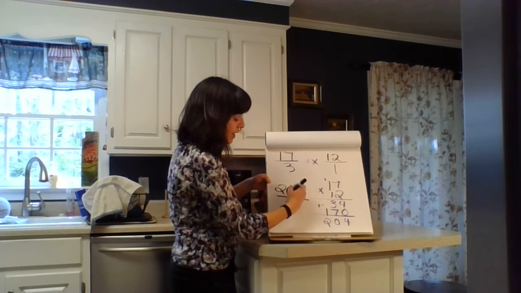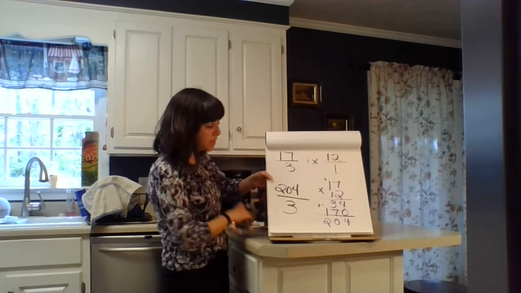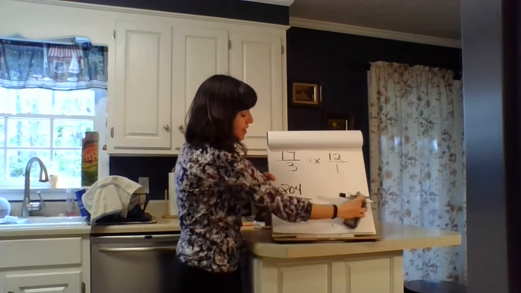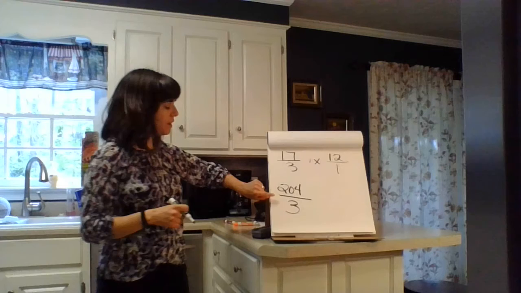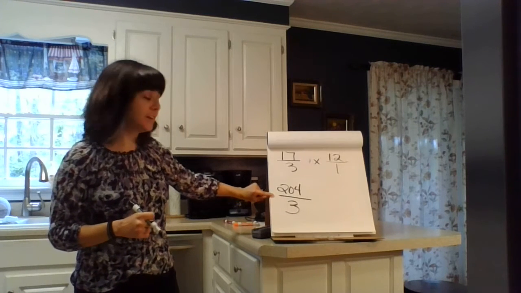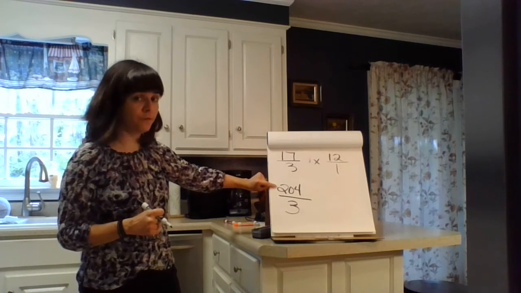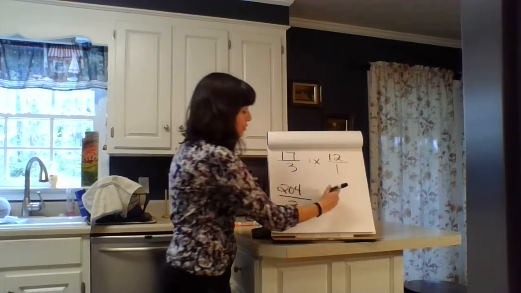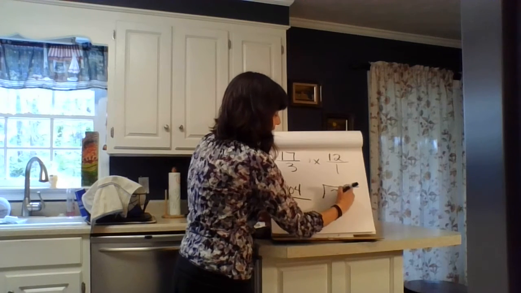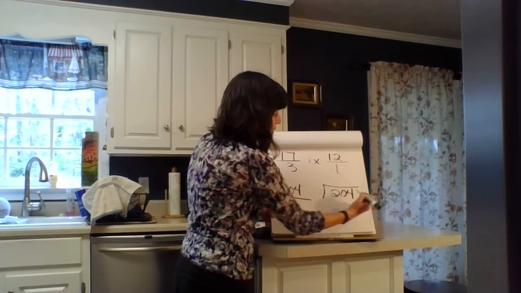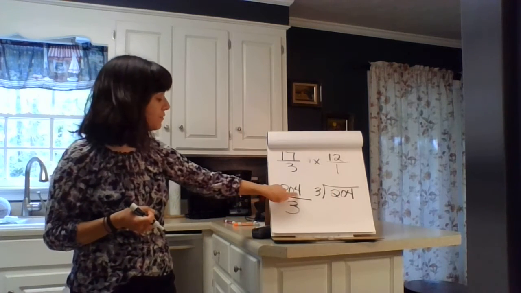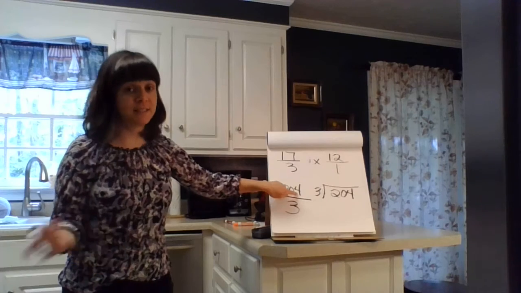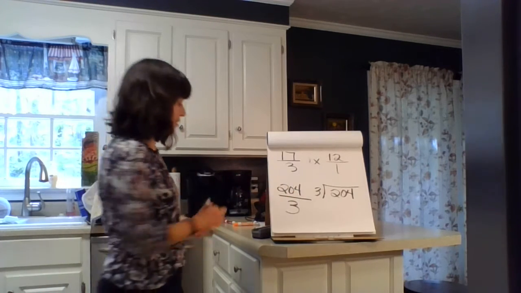Now that is not an answer choice that I've given you because I really want to drill into your head, that sounds painful, sorry, I really want you to realize that the fraction bar means to divide. So this really means 204 divided by 3. Okay, and I know that it's going to equal out evenly. There's not going to be a remainder because 2 plus 4 is 6, and 6 is divisible by 3 without a remainder.